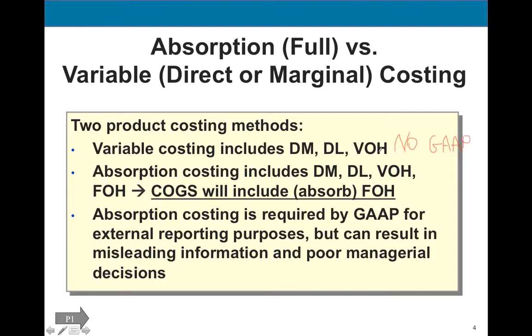We do not put fixed overhead here. Fixed overhead will be completely expensed out. Under absorption, we're going to absorb all costs, including fixed overhead. Fixed overhead is a product cost. So if we don't sell some items, fixed overhead for those items will remain on the balance sheet.